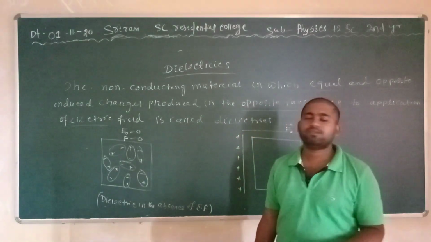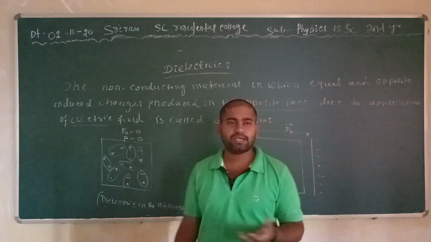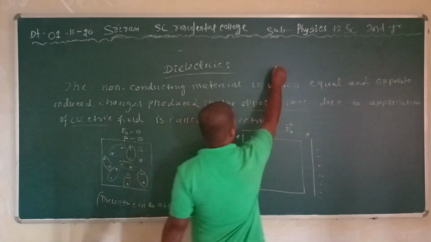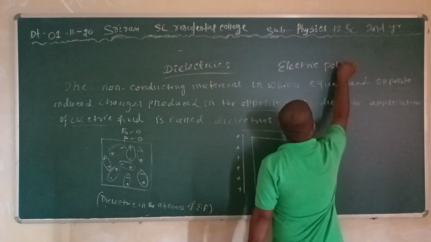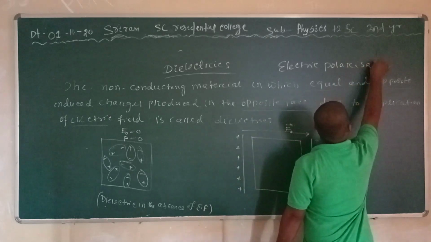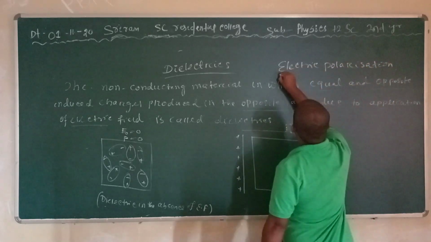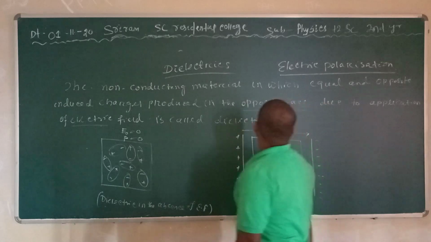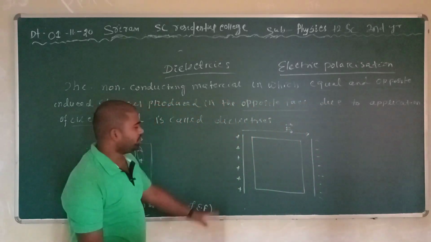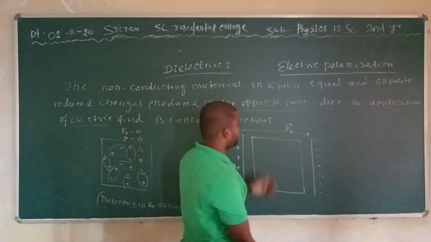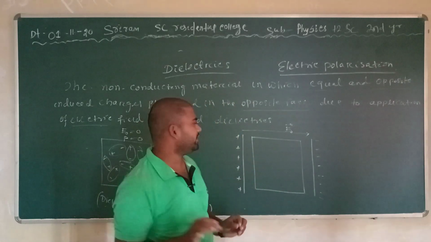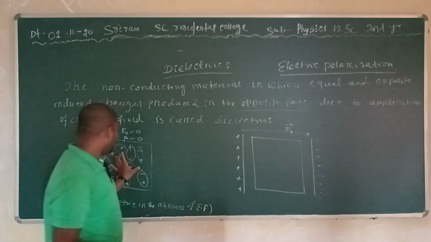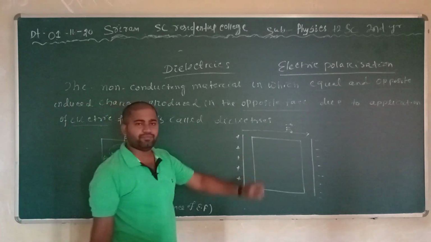So here we have the dielectric and electric polarization. Electric polarization means the arrangement of these electric dipoles in the electric field.